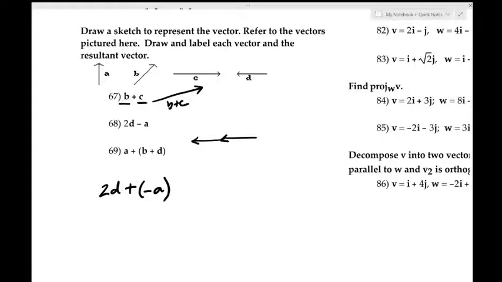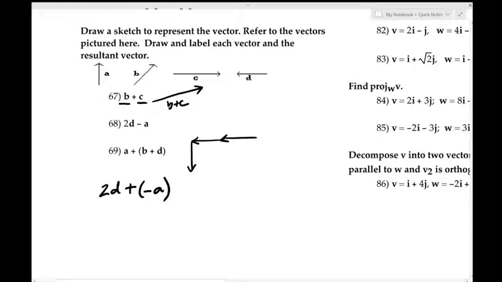let's see, how can we best do this? It would be pointing downwards.